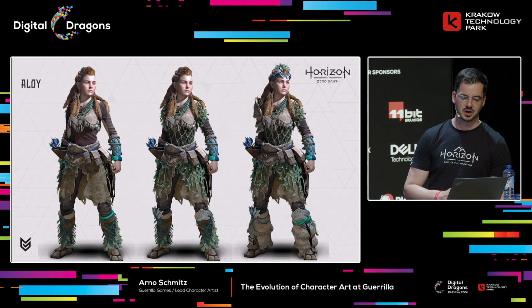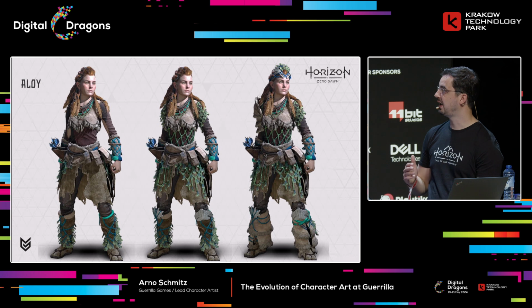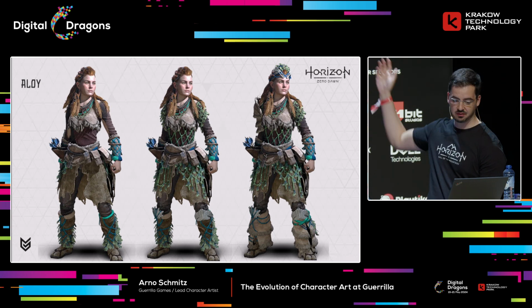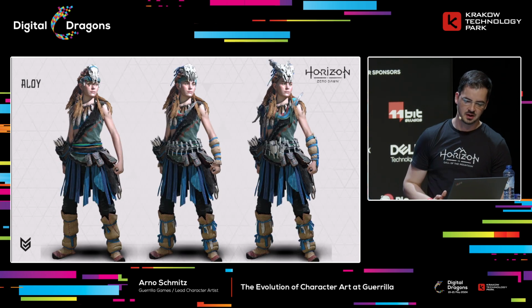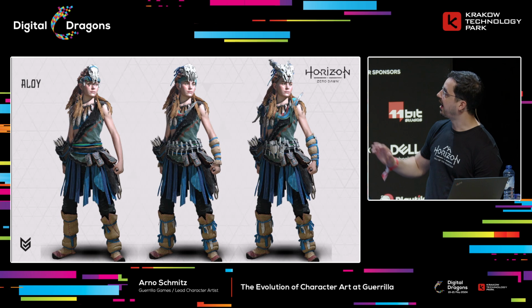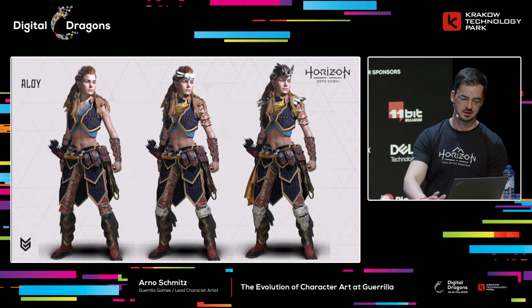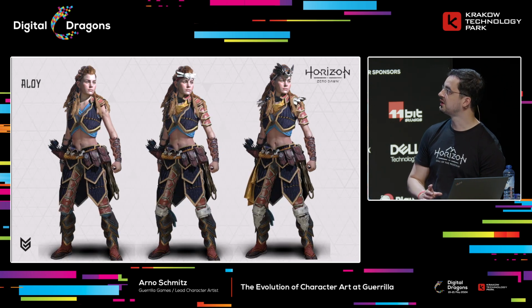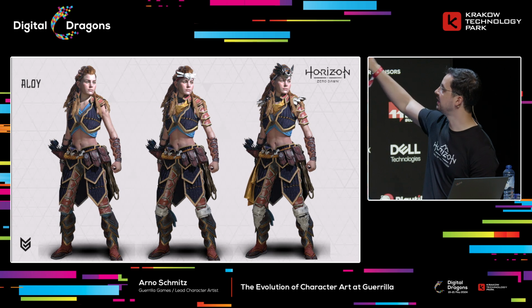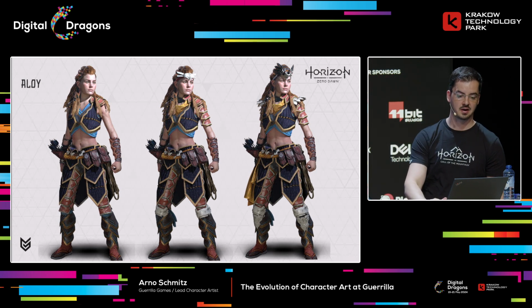For Zero Dawn, we actually had a little bit of modularity, usually in light, medium, heavy versions of the same costume. And this was done by either adding or removing parts, and these parts were all on their own little texture, so we didn't mess around with any wasted UV space. And this is my favorite set from Zero Dawn, and you can clearly see how by adding elements, we just make the set heavier.